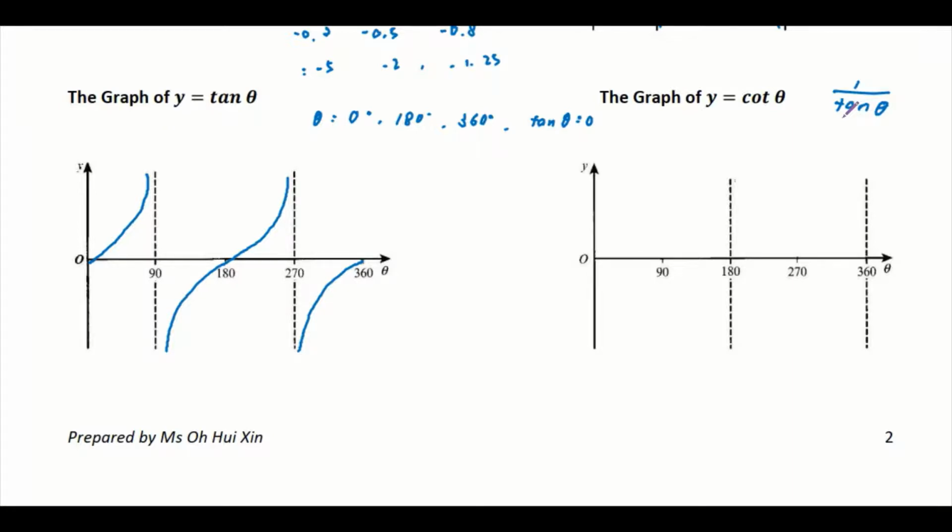Then after that, let's look at the part where you have asymptotes. Here, theta equals 90 and 270 will give you tangent theta equals infinity. Can you try to imagine, when you have a number of infinity and you do 1 over infinity, what do you get?